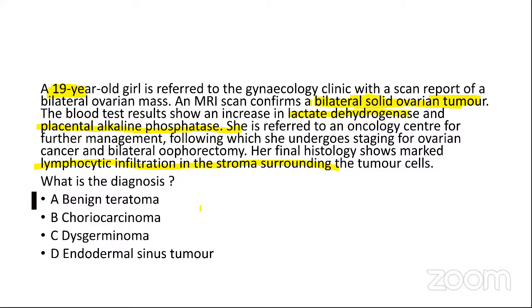So what is the diagnosis here? As LDH and placental alkaline phosphatase are raised, and there is lymphocytic infiltration in the stroma surrounding the tumor cells, the diagnosis is nothing but dysgerminoma. So that's the reason why I spoke about the tumor markers and the histology.